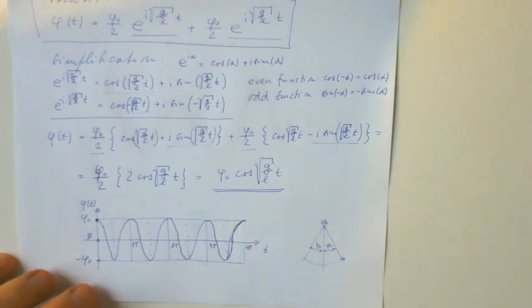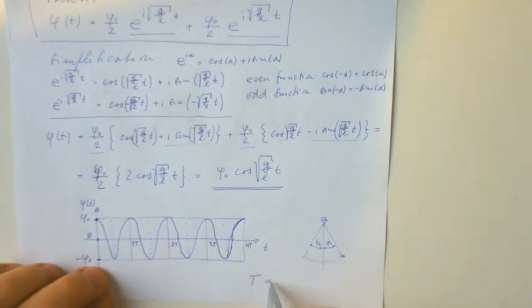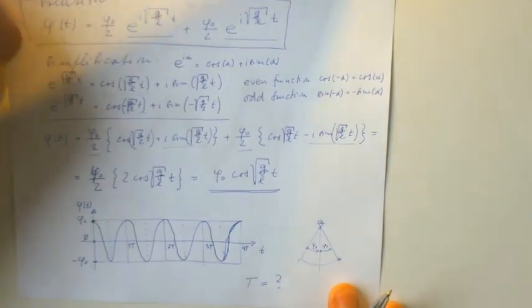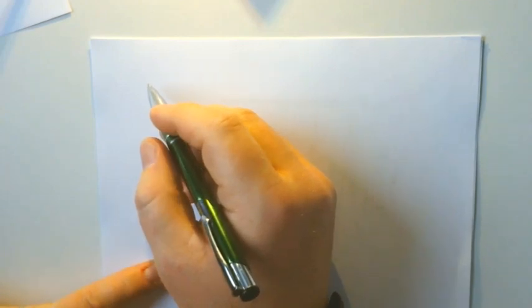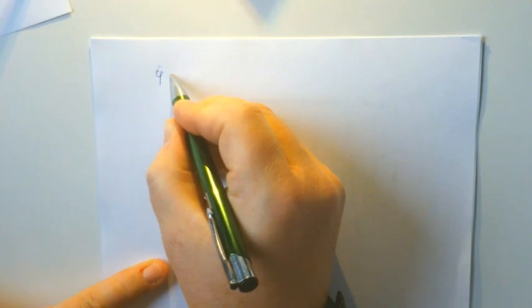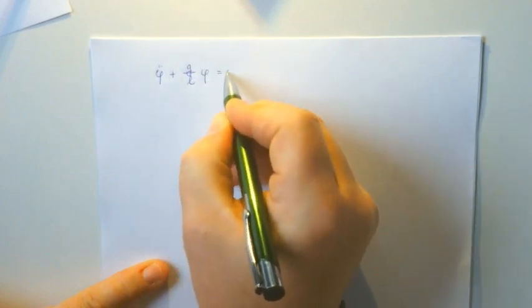The last question is, what is the period of this motion? The answer is very simple. When we go back a few steps, we have the equation phi with 2 dots plus g over L phi is equal to 0.